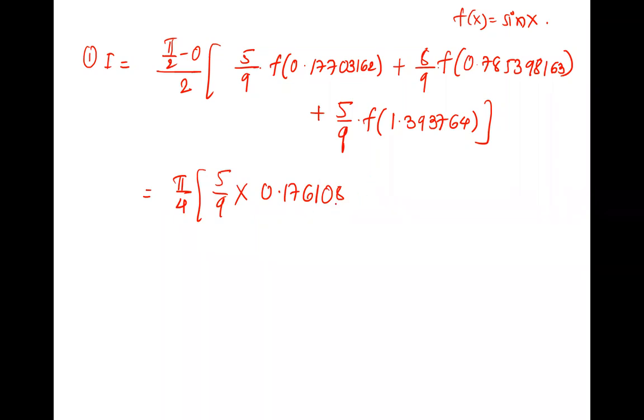Again calculate for 0.785398163. So I think you are getting 8 by 9 into 0.70710678. Is that correct? Plus 5 by 9 into, calculate for this x now.